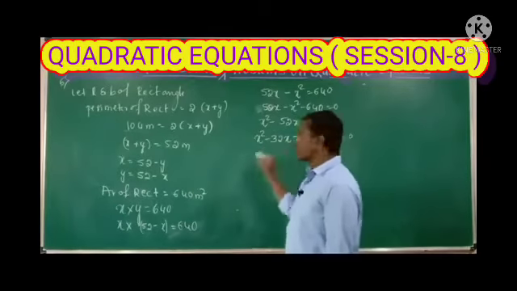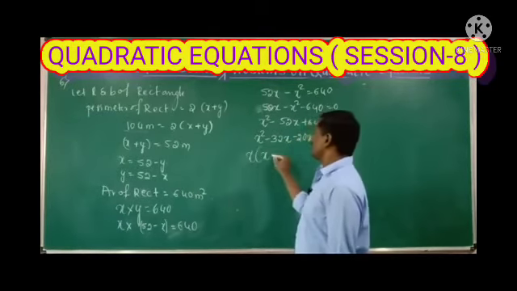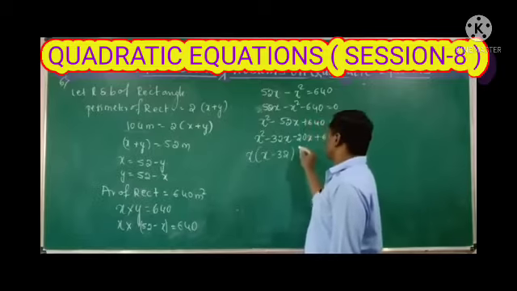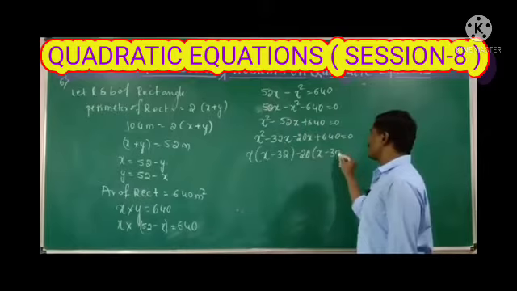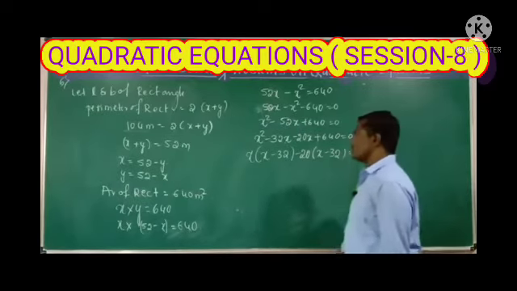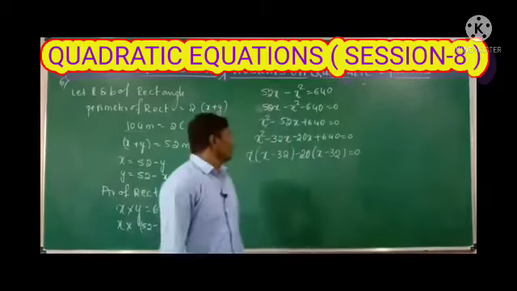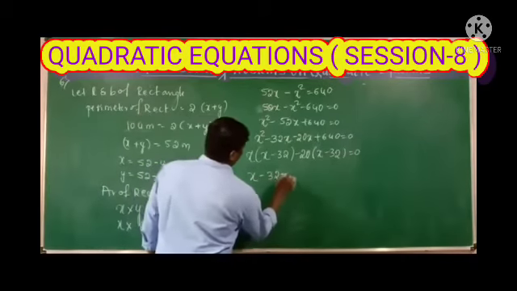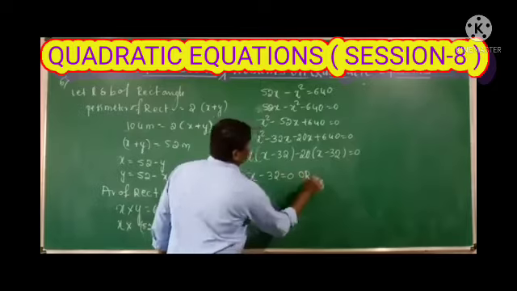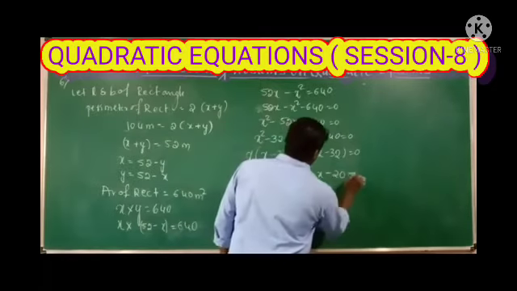In first two terms, what we have to take common? x. So x minus 32. In last two terms, minus 20 is common, x minus 32 is equal to 0.